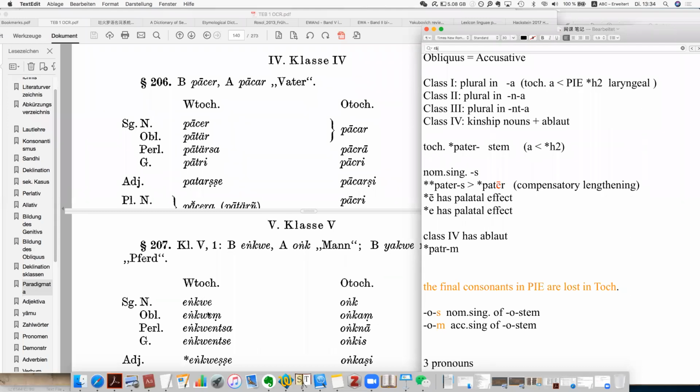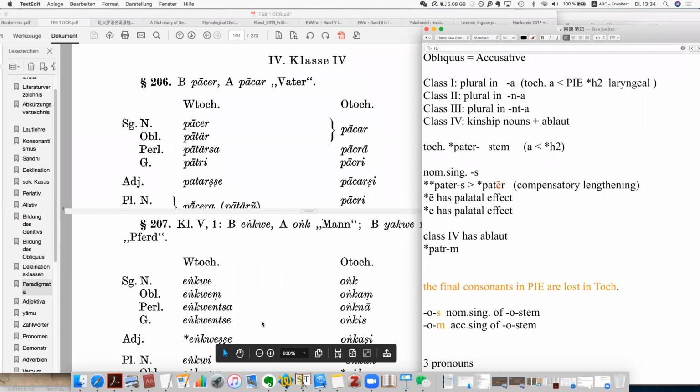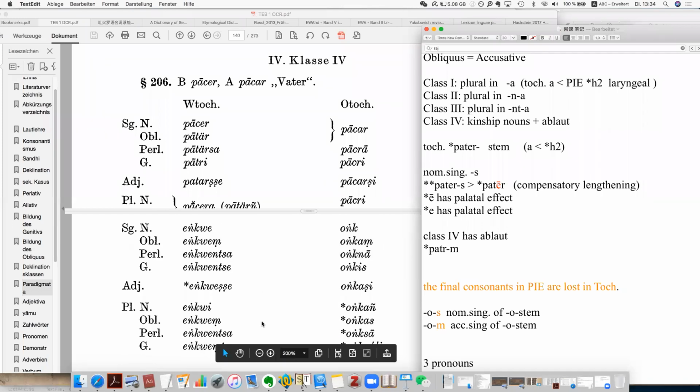But here, you see the stem is the same, but the accusative has a nasal at the end. For the time being, you can just forget the historical phonology. It's a little bit complicated, but you have to know that they are different.